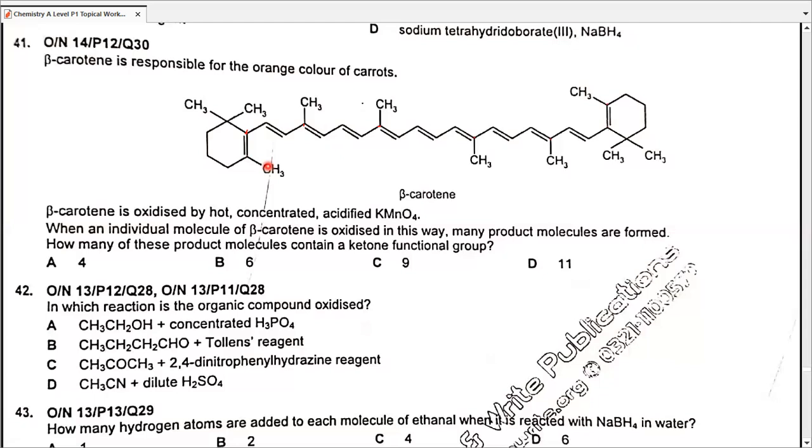I'm getting 8 functional groups of the ketone. Didn't you just count 6? This one, this one, this one, this one, this one, and this one. Are you getting 8?